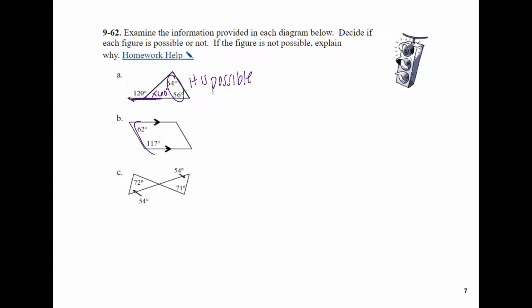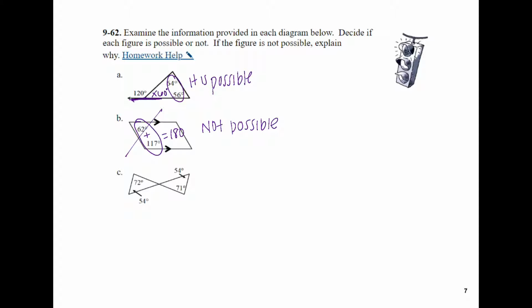When I look at B, I have two parallel lines. So my two angles on the inside should add up to 180 degrees. So this is not possible because these do not equal 180.